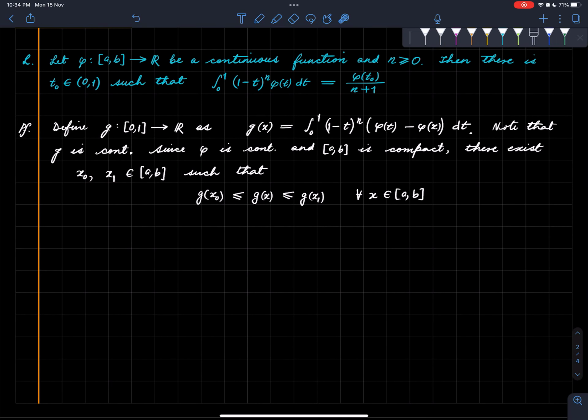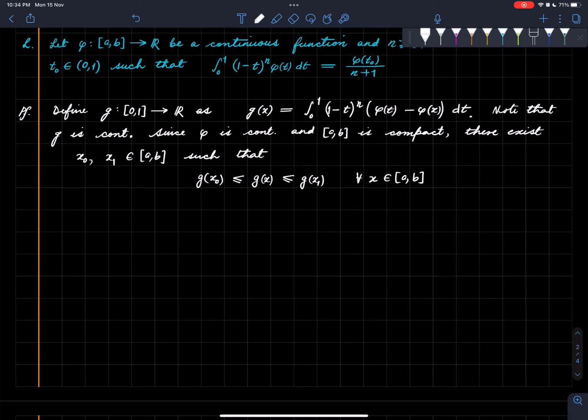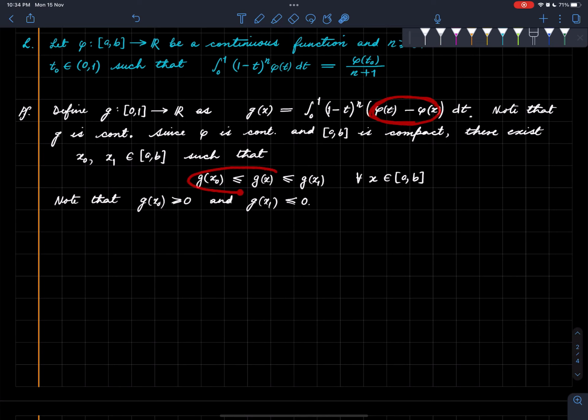Once that is the case, note that g(x0) is greater than or equal to 0 and g(x1) is less than or equal to 0. Why is that? If you substitute x0 here, this thing is always non-negative by virtue of the fact that x0 is a global minimum.